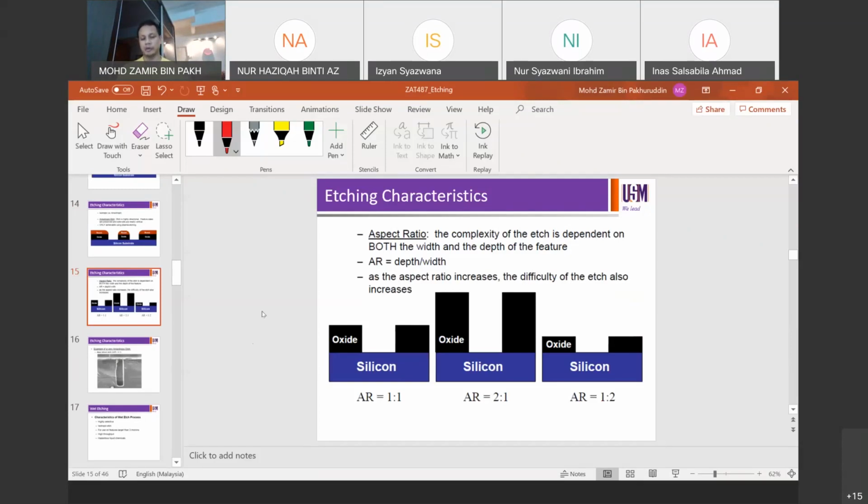So therefore, your aspect ratio is 1/2 or only half, right? So this is referring to different cases of aspect ratio of your features. So as the aspect ratio increases, the difficulty of the etch also increases. So if you compare these three aspect ratios, you rasa proses etching mana yang paling susah untuk produce aspect ratio yang 3 ni?